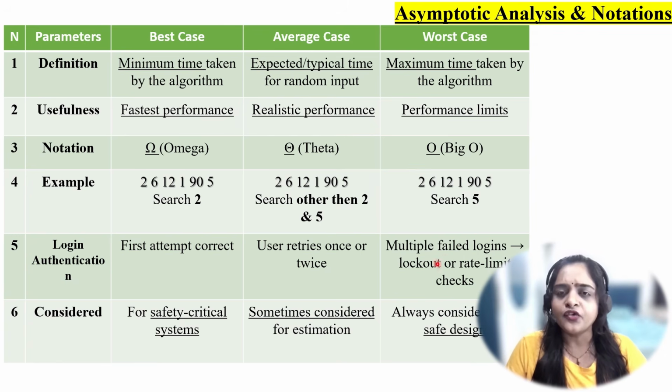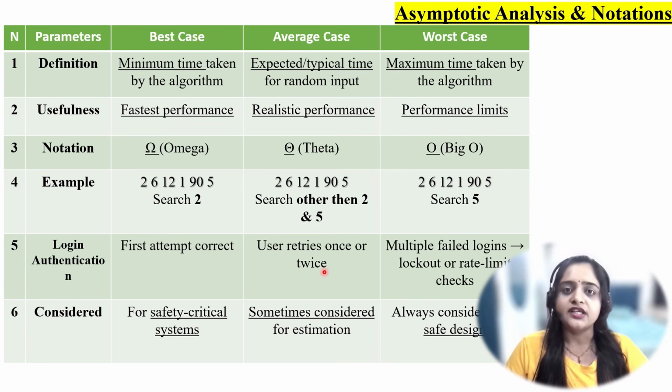Similarly, suppose multiple attempts fail while typing a particular password. Sometimes your password typing limit is reached, right? So after multiple login failures, your application goes to the worst case because you required the maximum amount of time for opening a particular application. Clear?